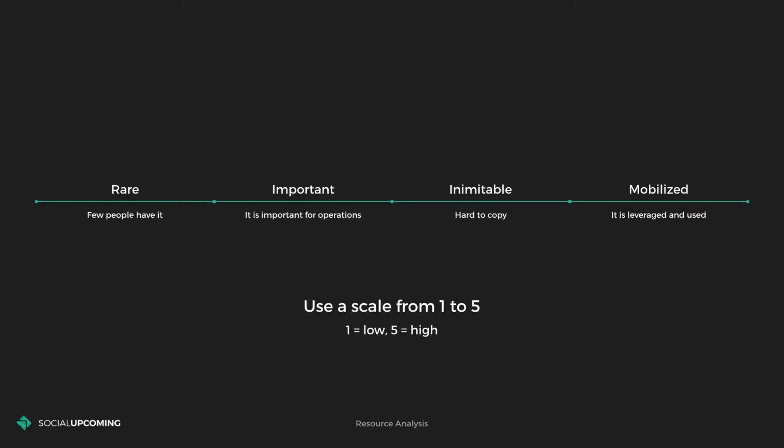Diamonds are rare, and since they're rare, they are also high in value. With a rare resource, the price will go up, and since it's finite, you will also not be able to reproduce it quickly.